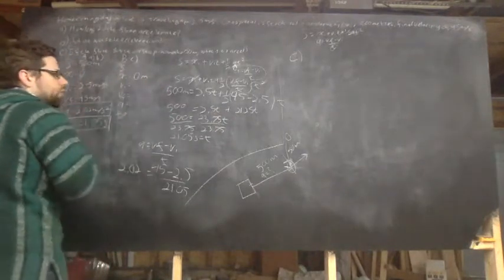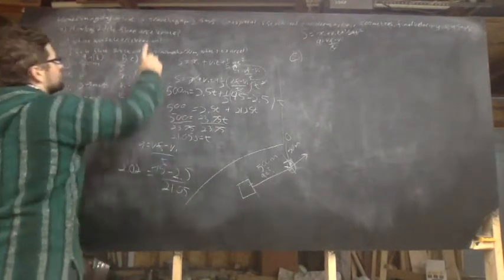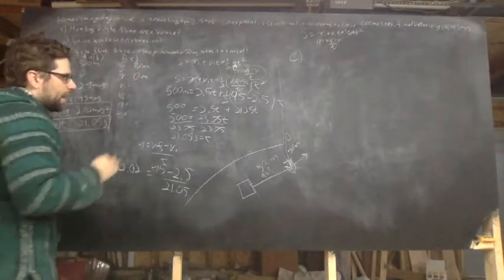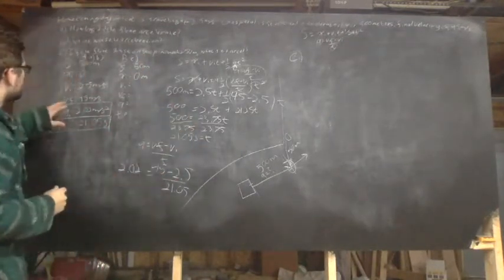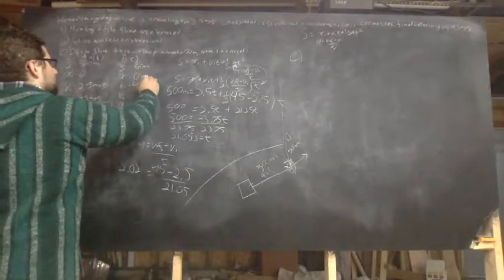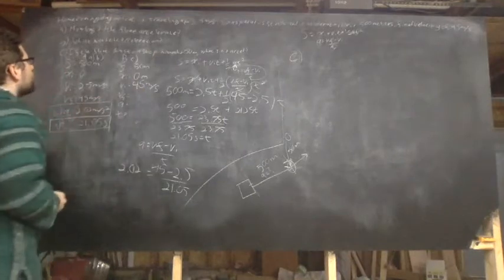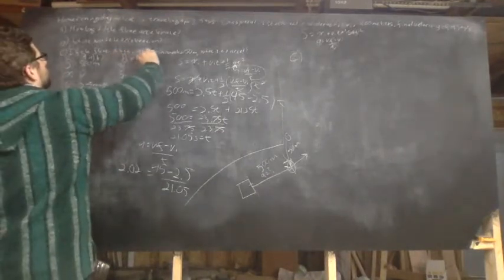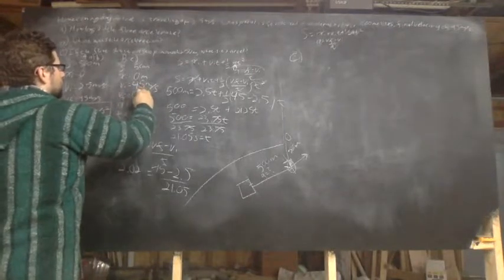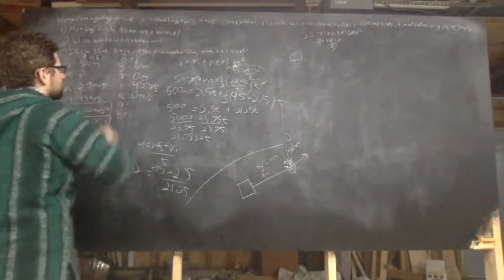So xi is 0. Our s is 50 meters because it's taking another 50 meters to stop. Our vi is going to be our velocity final of the previous problem, so that's going to be 45 meters per second. And our vf, notice, slow to a stop. That means our vf is going to be 0 meters per second.